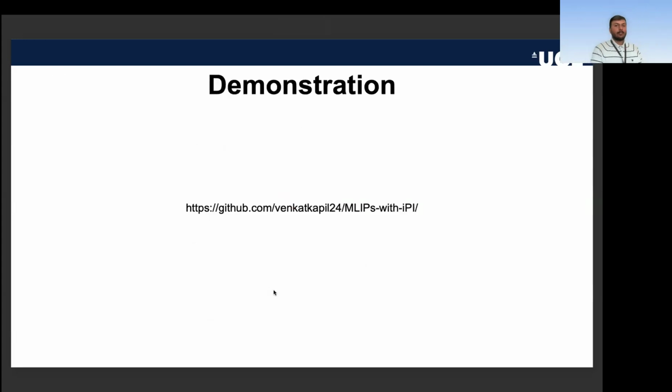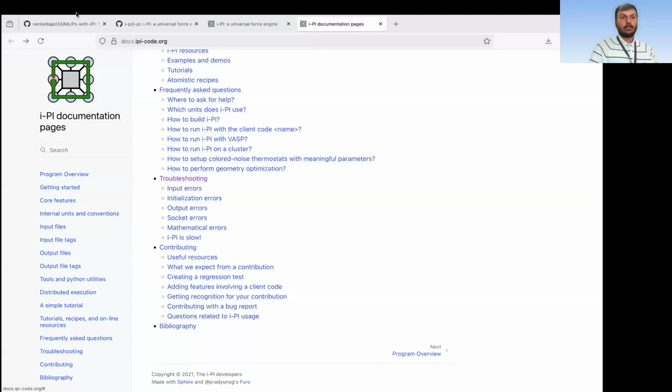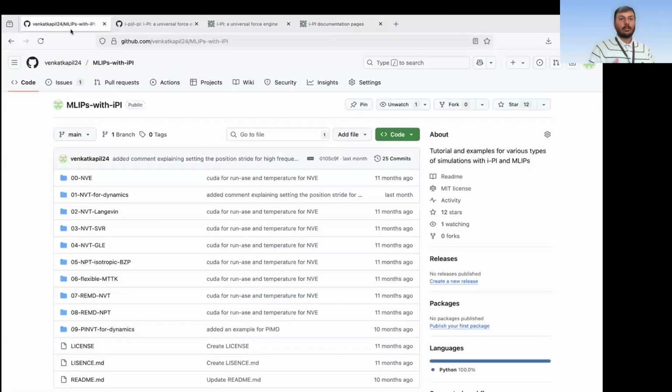Right. So at this point, I would like to give you a short demonstration of how to actually run these simulations. And if you're interested, you can also go to this GitHub link, which has a repository. So in this case, I'm just going to switch to my browser, and I'm hoping that you all can see this.